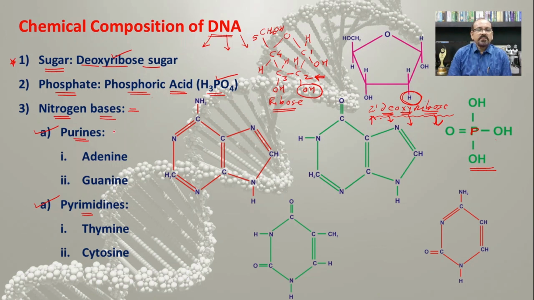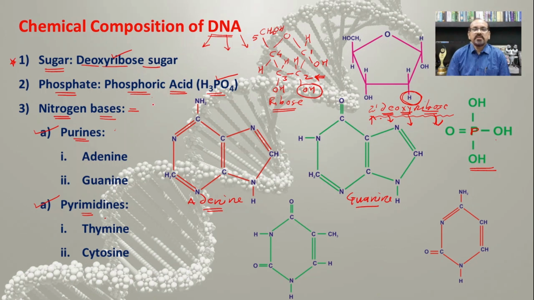Purines are double ring structures and pyrimidines are single ring structures. So this first one is adenine, and this second one is guanine, and both of these are double ring structures.